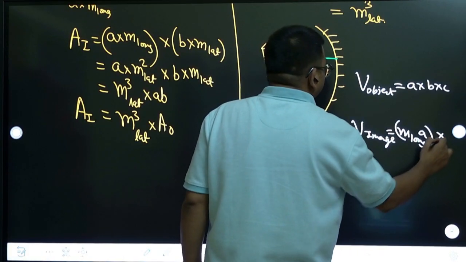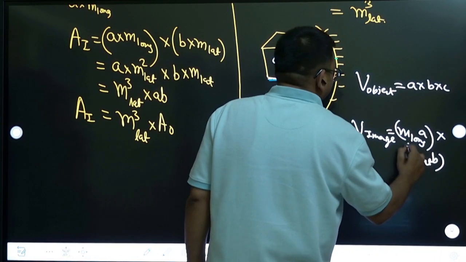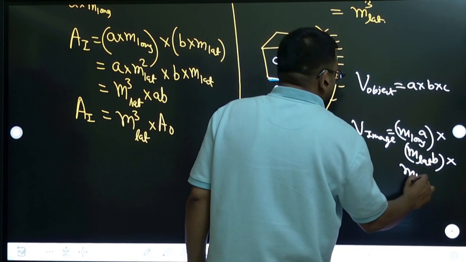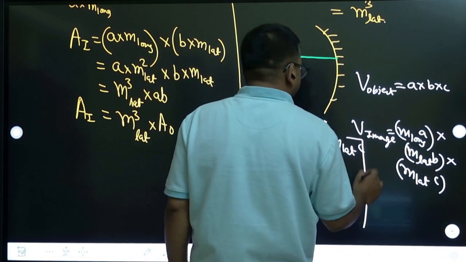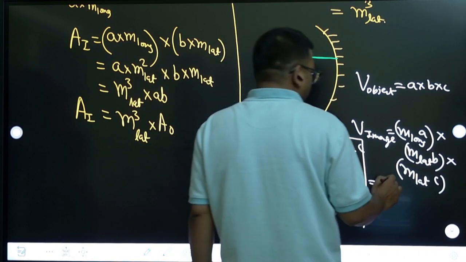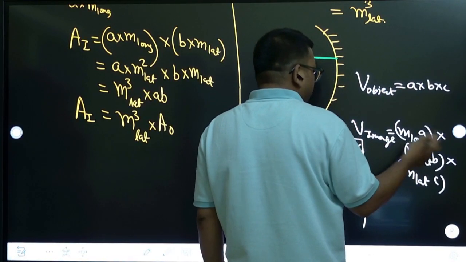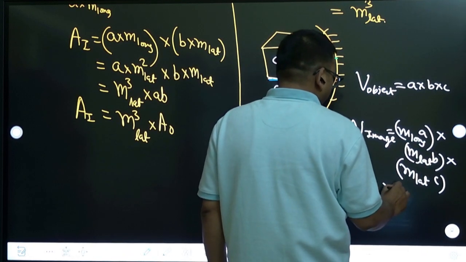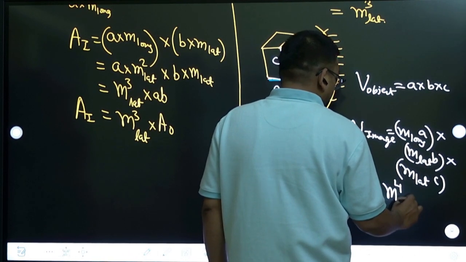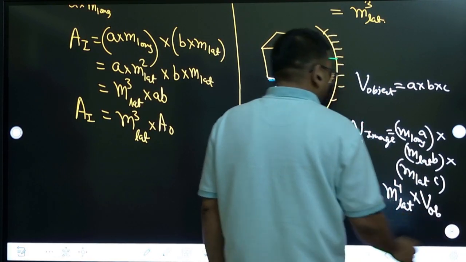This is the length, and m lateral into B, again m lateral into C. So you will get m longitudinal is m square lateral, m square lateral, m lateral, m lateral. It will become m power 4 lateral into ABC, which is the volume of the object, right?